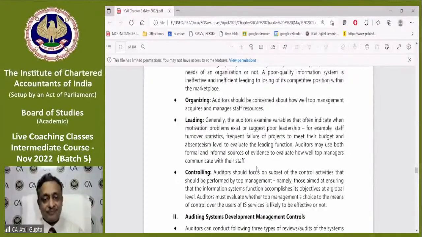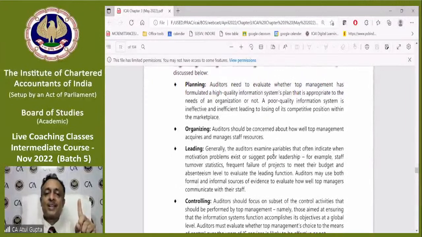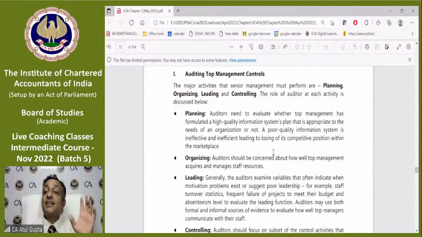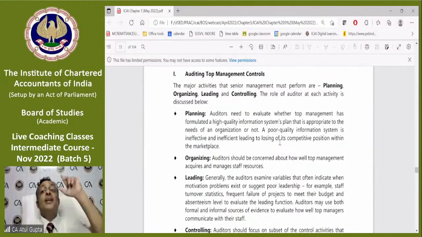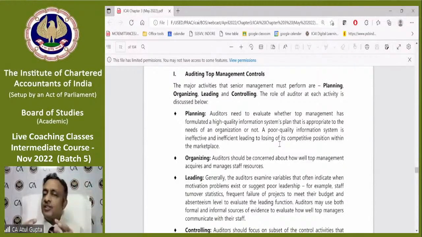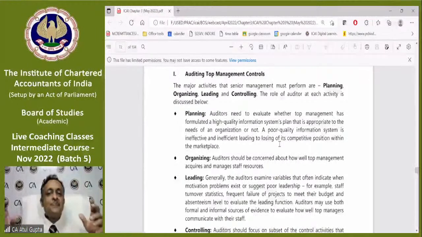Controlling. Then how top management is focused on controlling aspects. First, what we talked about was auditing top management controls. So the best way to remember is process: what are top management objectives? Process: what are top management functions? So planning, organizing, leading, controlling, that is. And please understand, I've told you these are phenomenal topics in this chapter.